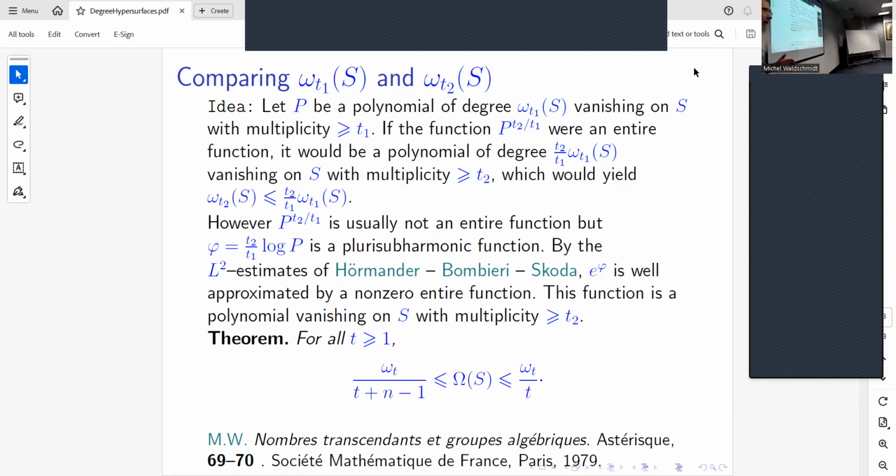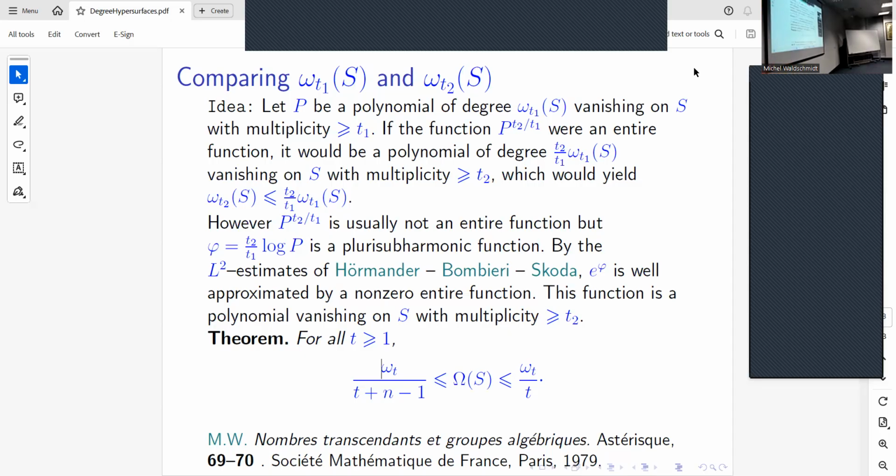It is then possible, from the estimates of Hörmander, Bombieri and Skoda, to deduce that it is a polynomial of degree t2 over t1 times omega t1, and which vanishes on S with multiplicity t2, and this would give the bound for omega t1 with a sharp constant.